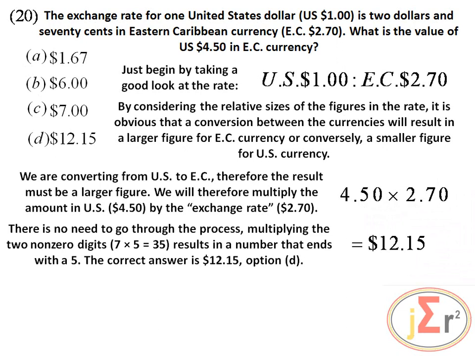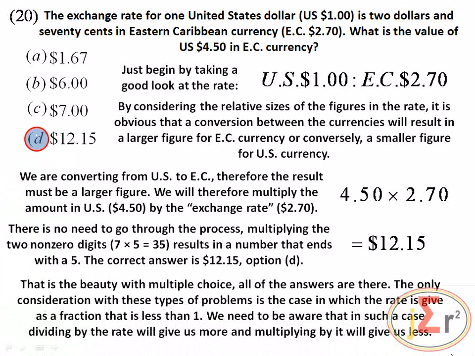Therefore, it has to be the correct answer. No difficulty in doing that. As soon as we begin, we realize that our answer should end with a 5, and this is the only one that ends with a 5. We did not have to finish the multiplication process at all.